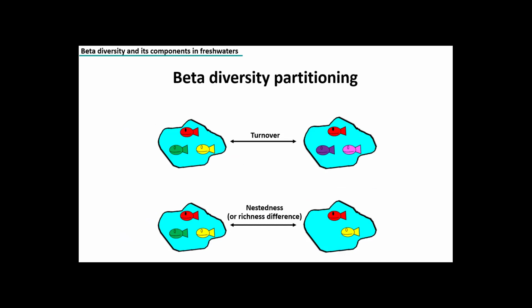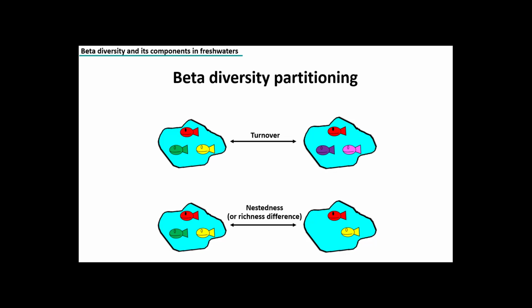Turnover measures the replacement of species among sites. Here, the green and the yellow species are replaced by purple and pink species. So this is the turnover component. Nestedness measures if one site is a subset of another site, or measures the gain or loss of species across sites.